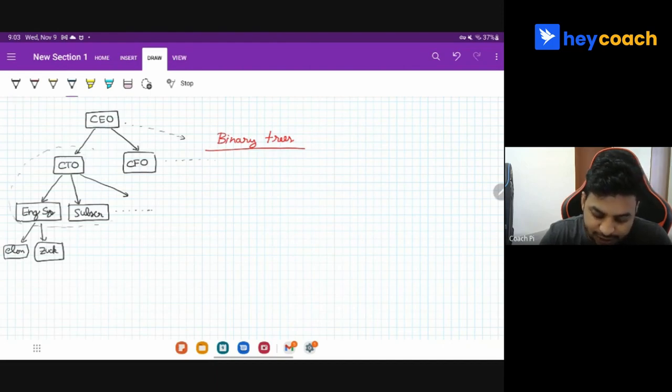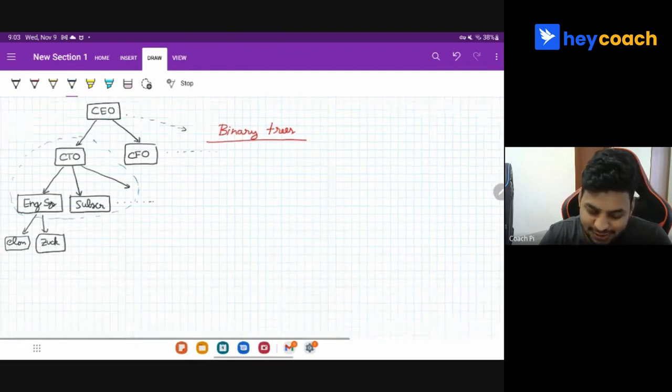Parent and child relationship is with respect to a specific part of the tree. So when we start from the root node, it is a parent to all of the nodes, right? Parent to CTO and CFO. And CTO and CFO are children of the CEO. So in this hierarchy, parent and child association is there.